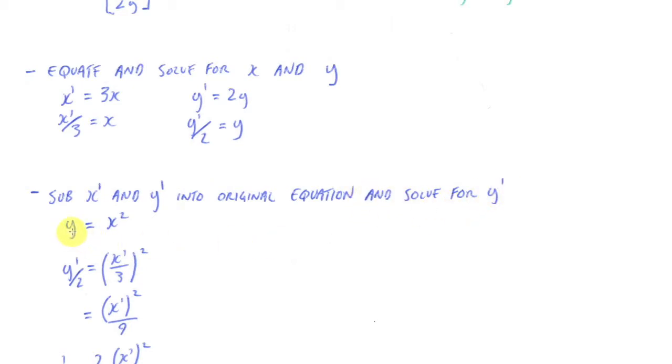So I start with y equaling x squared, that's the original rule. But instead of y, I'm going to write what y is equal to. Y is equal to y prime on 2, so I write that down there. X is equal to x prime on 3, so I write x prime on 3.